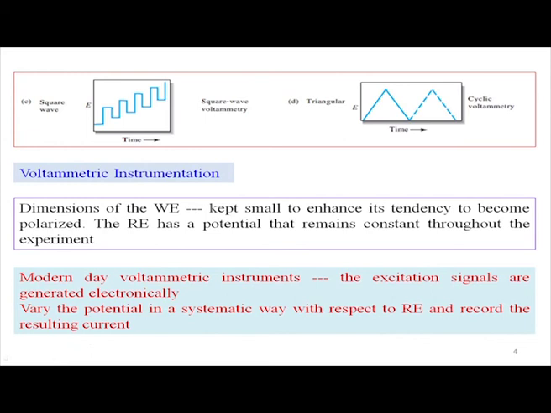That is the most important thing: the reference electrode gives us the values we can put on the working electrode, and with respect to that we record the current being passed through the electrochemical cell for your current-potential plot.